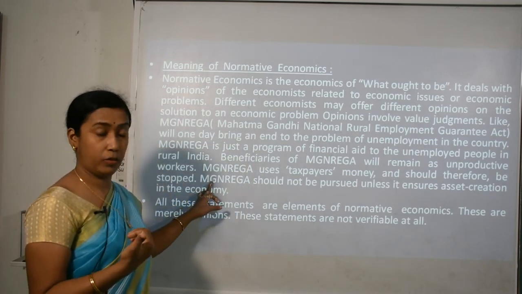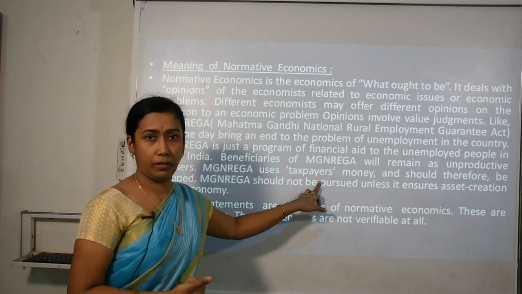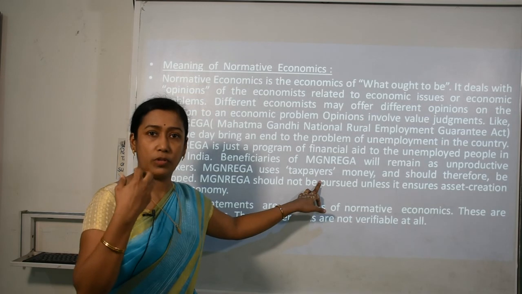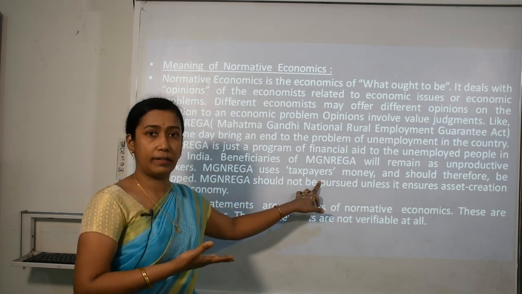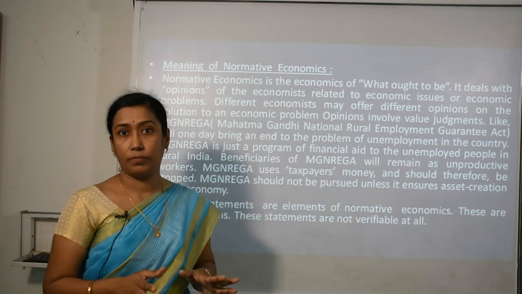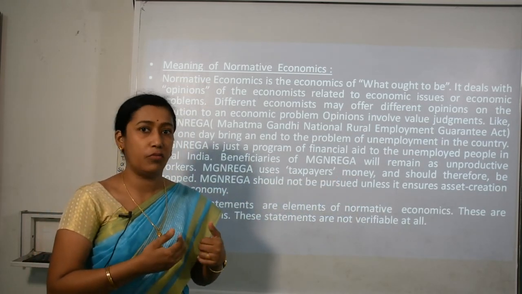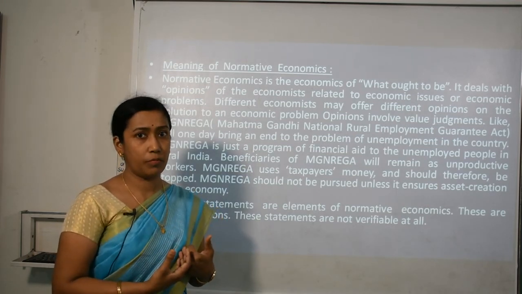Now the third economist said that it uses taxpayers' money. That means whatever tax the people of the nation provide to the government, it is using that taxpayers' money and should therefore be stopped. That means he has a negative opinion about this particular policy.